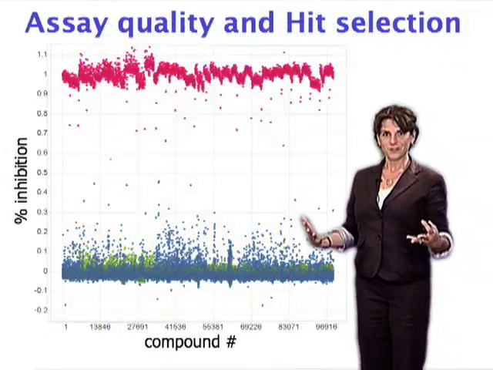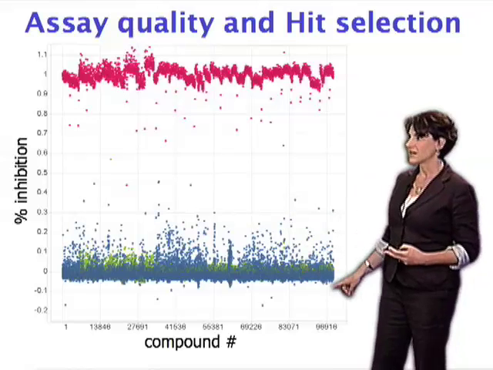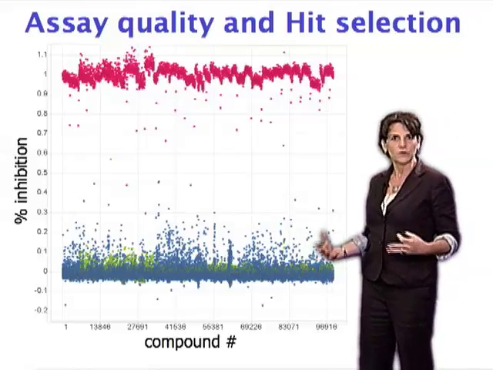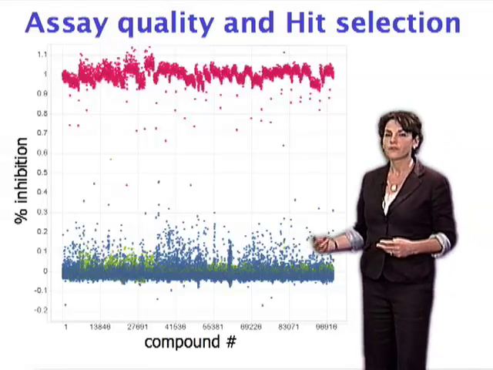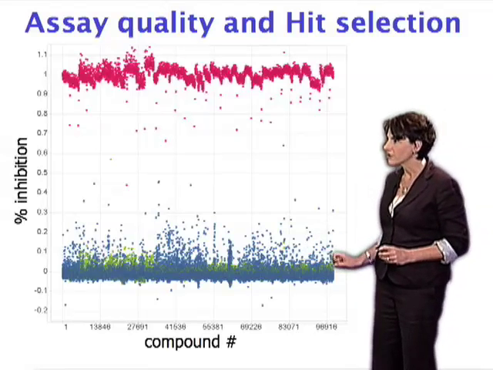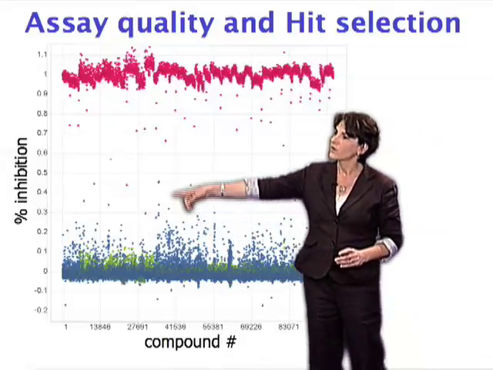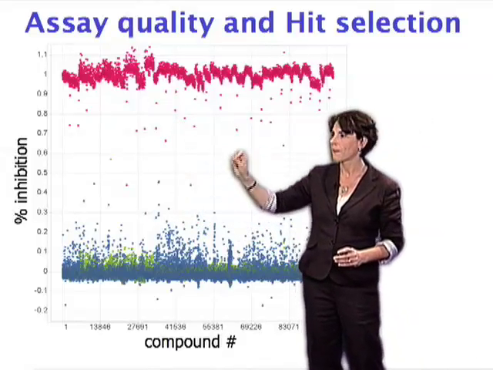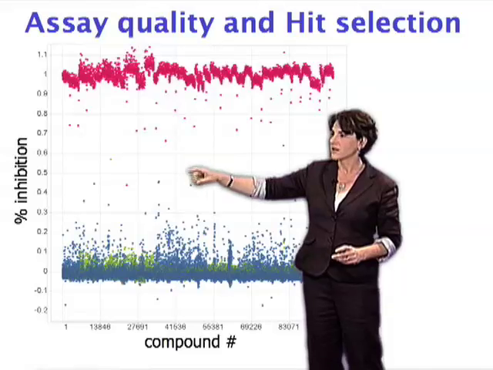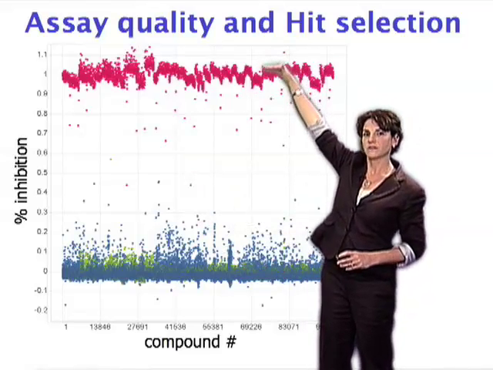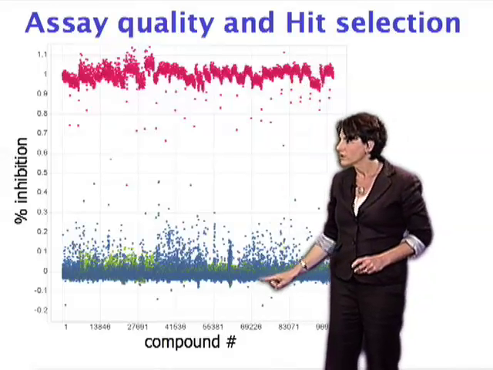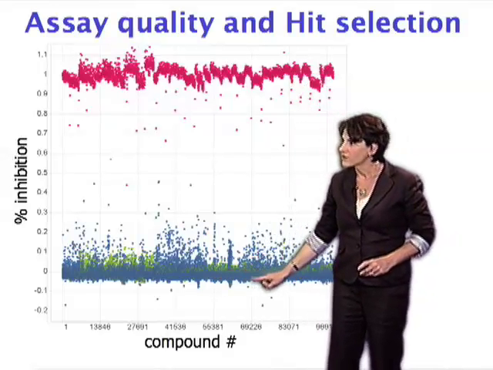So now we've run our screen, and this is an example of a 90,000 compound screen, so a sort of moderate size, high throughput screen. And you can see the three types of experiments that you get out of this. Here on the y-axis we have % inhibition. So we're looking at an enzyme that's active at the bottom and fully inhibited or inactive at the top. In green, we see what the average fluorescence is.